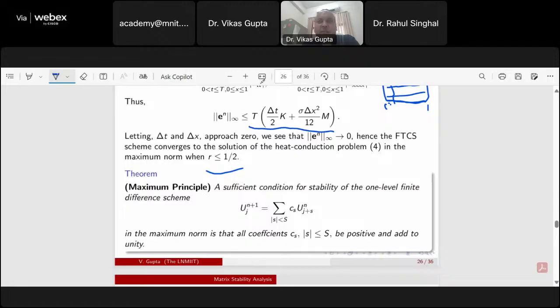If we look at the solution at the n plus 1 time level using the n and n minus 1 time levels, then that kind of scheme is said to be a two level scheme. So it is only a one level scheme.